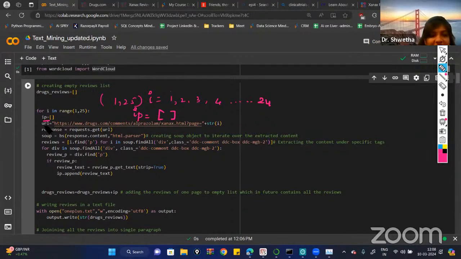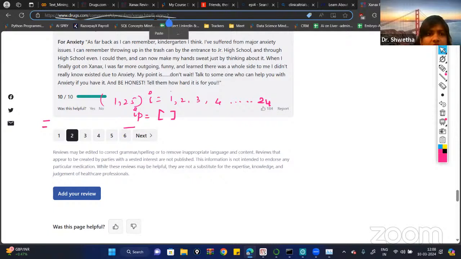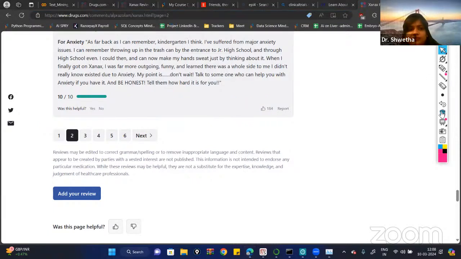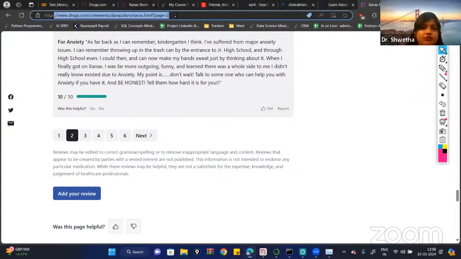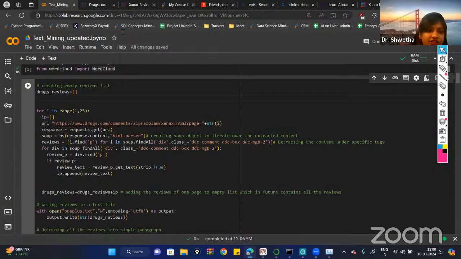Then we are asking it to go to the URL. The URL which we mentioned here is this. Whatever website we want to scrape, we take this URL and then paste it over here.